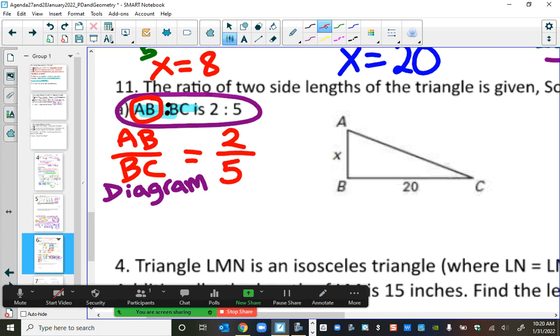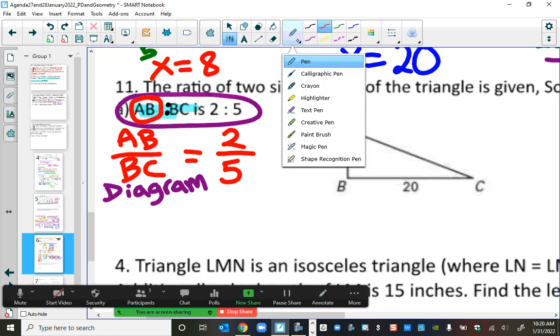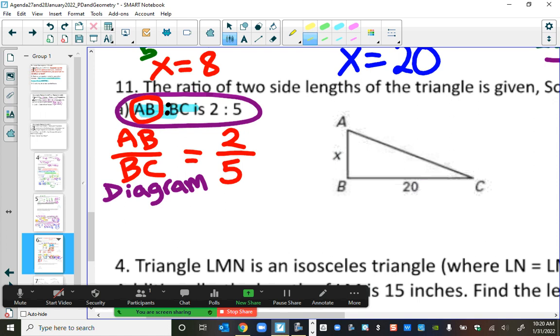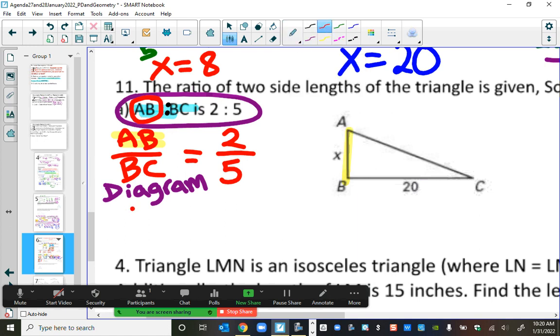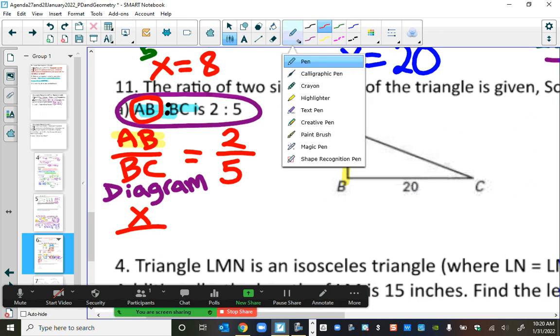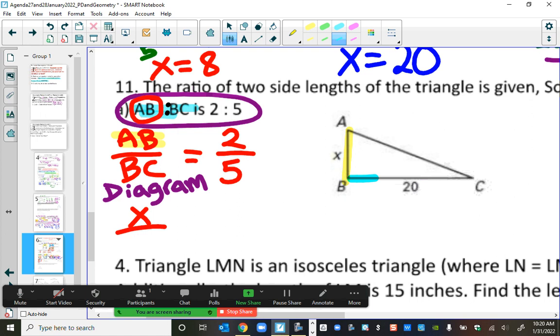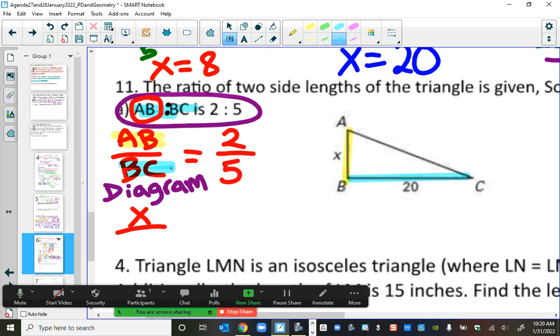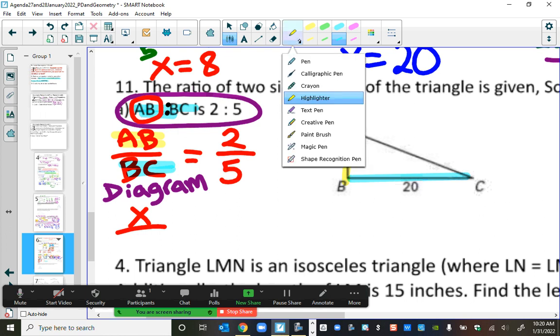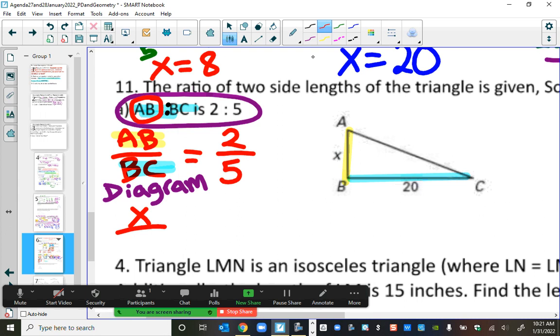AB is X over BC. X over 20 is going to be 2 over 5. BC is represented by 20, so you replace the BC with 20. Equals.